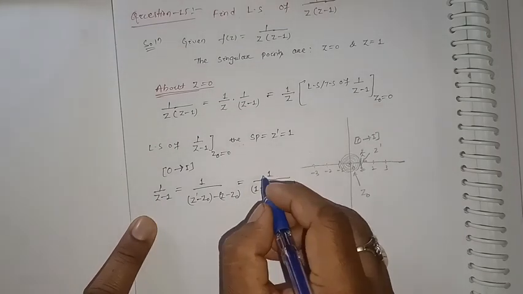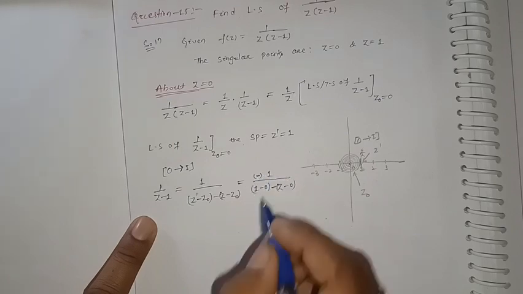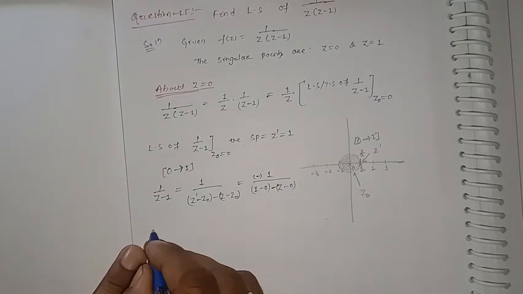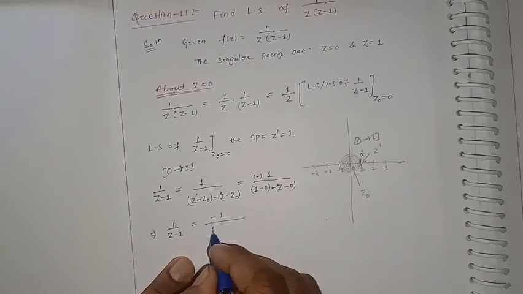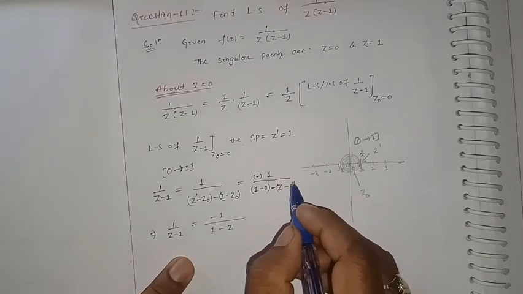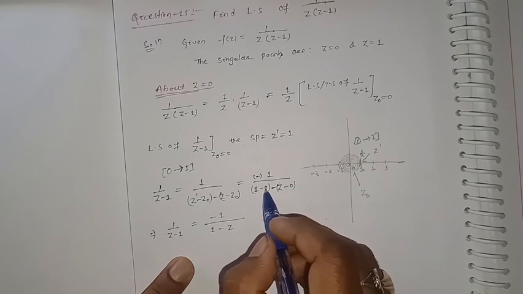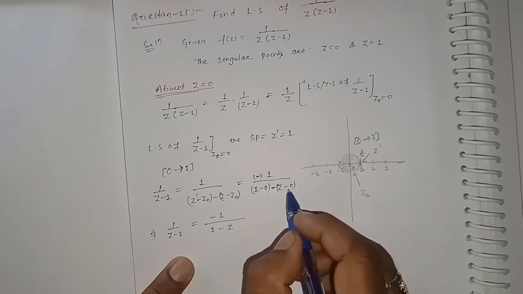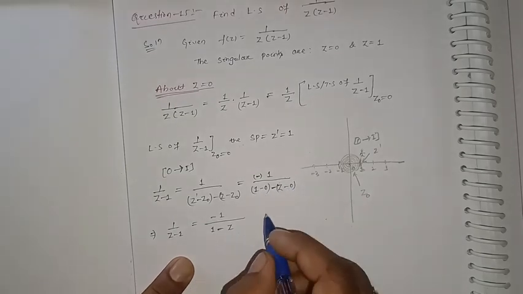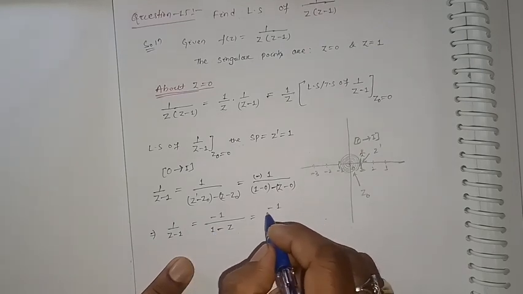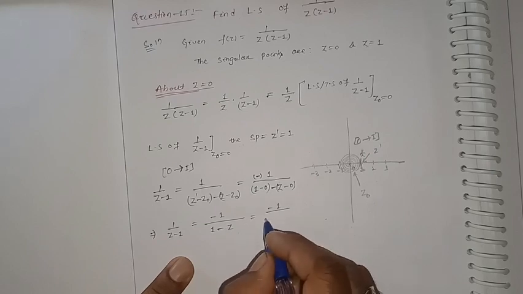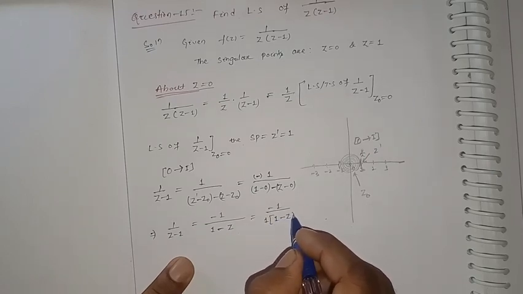For that, to equalize both, we have to multiply by minus. So that implies 1 by z minus 1 we found is minus of 1 by 1 minus z. I told you that you should not remove any bracket, but as it is 0, we can remove it. Here also we can remove. So we found 1 minus z, and 1 is taken common from these two terms, then we can get 1 minus z itself.